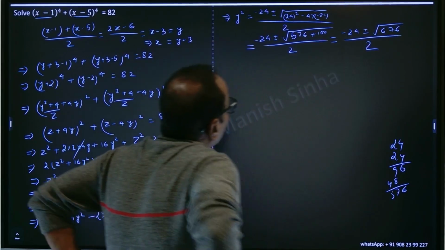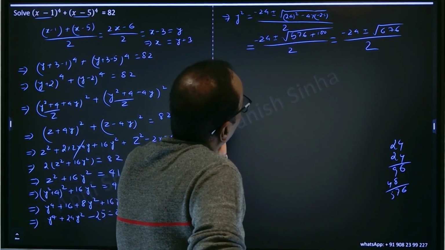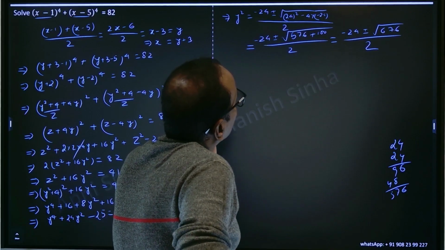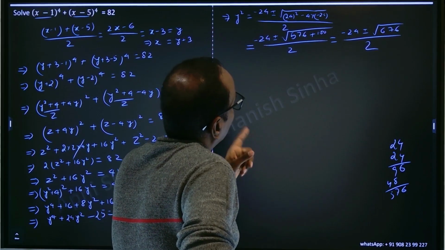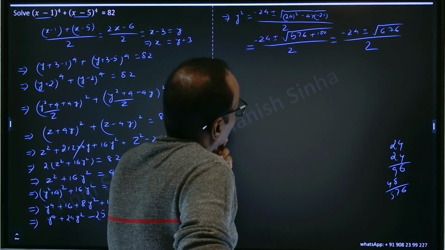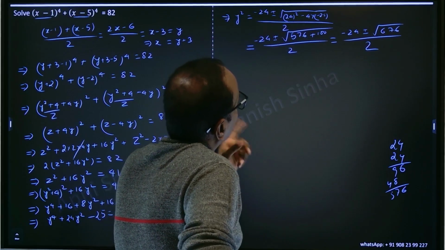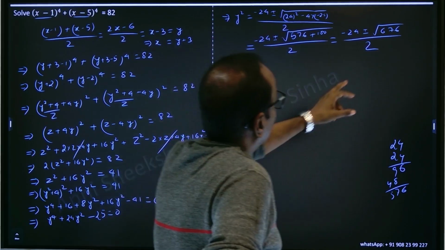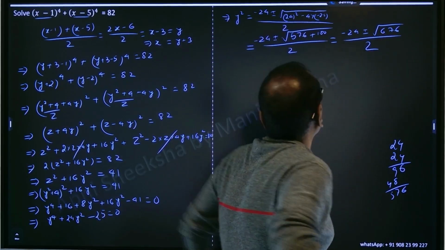So 676 is, 25 square is 625, and 26, square of 26.